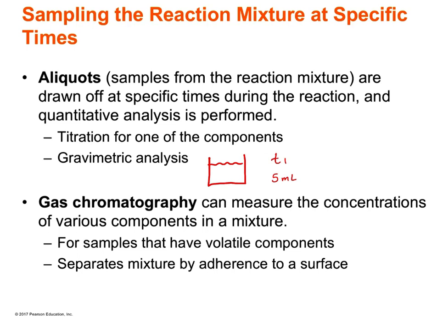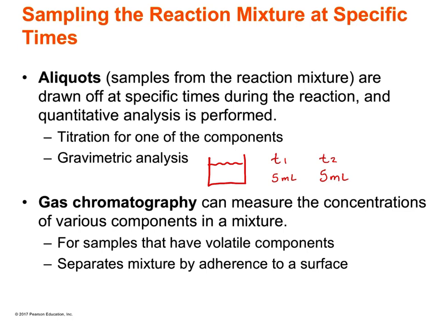Then we would run that 5 milliliters of sample through an instrument, or maybe perform a titration to determine the concentration of our product. And then let's say at time 2 we take another 5 milliliters and we determine the concentration at that time. And then we just keep doing that for however long we need to determine the rate of the reaction.